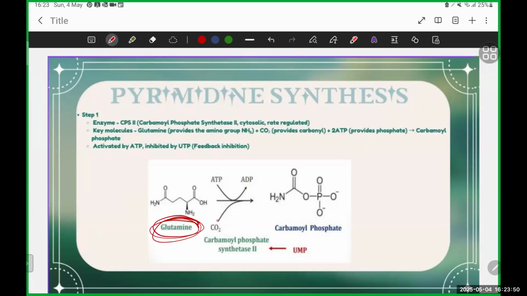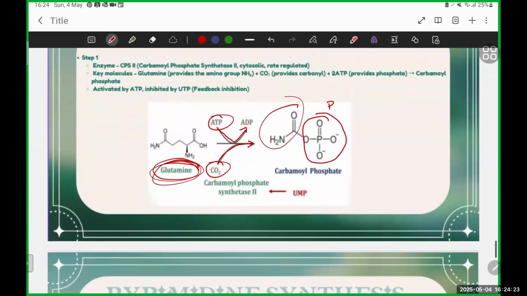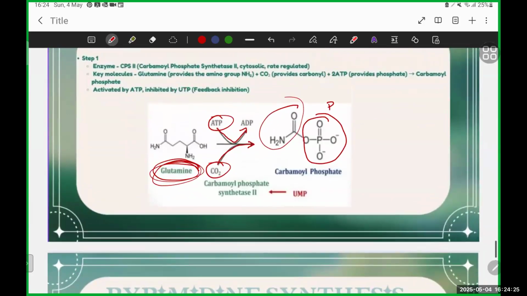When you have glutamine, you add carbon dioxide to it, and then you add a phosphate group to it. This is the phosphate, there's a carbon here, and obviously this is the NH2 from glutamine itself.